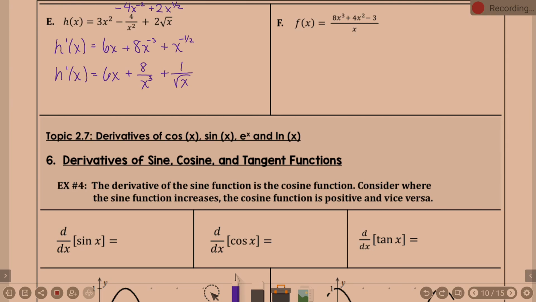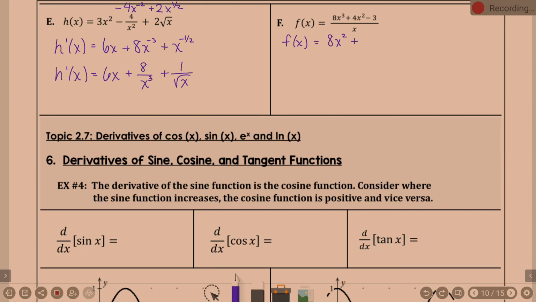We split each term up, and then you can do the 8x cubed divided by x, and then 4x squared divided by x, and then the minus 3 over x. That's what I would do in this case. Because our denominator is just an x, every term gets divided by x. So 8x cubed divided by x becomes what? 8x squared.